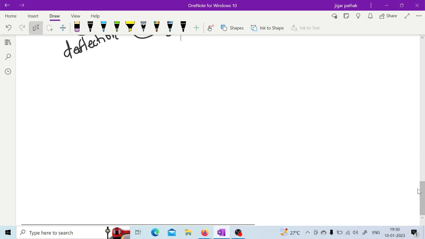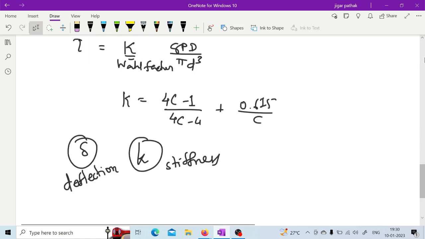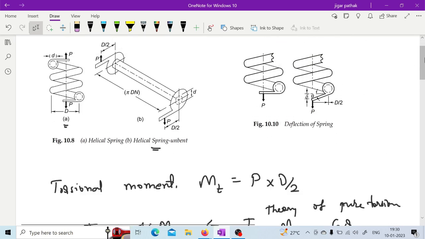So now if we are interested in calculating that deflection and the stiffness, then if you look at the figure given here, what we are interested in is this delta, right, as we have just now discussed.